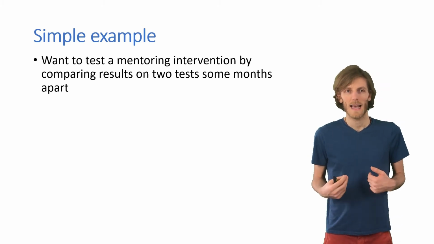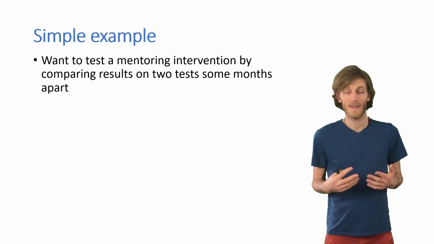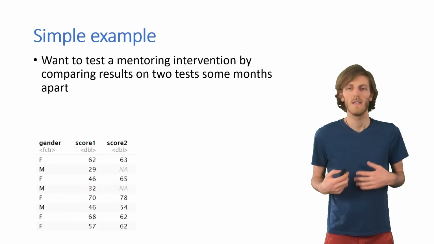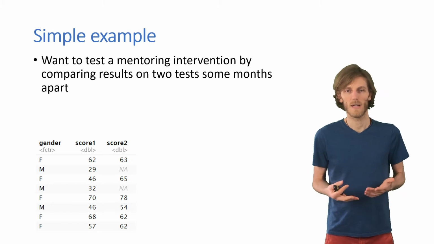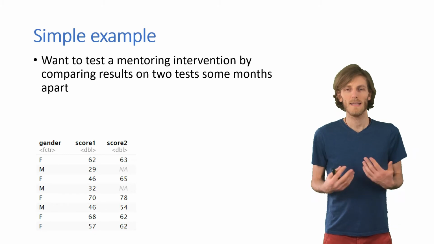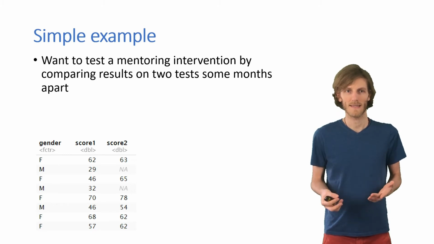And let's say our main question is whether the effect of the intervention differs between boys and girls. So this might be a small snapshot of some of our observations. And we can see a couple of lines have missing data.